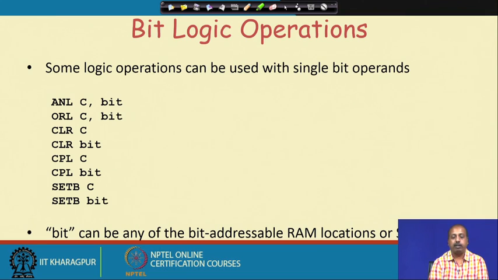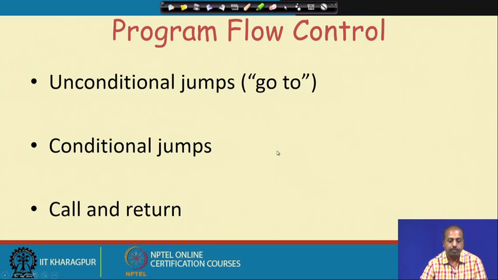These are all bit level operations for logic. The bit can be any of the bit addressable RAM locations or some location of the special function register, or SFR. That way we can have these bit level operations done, same as the byte level operations.